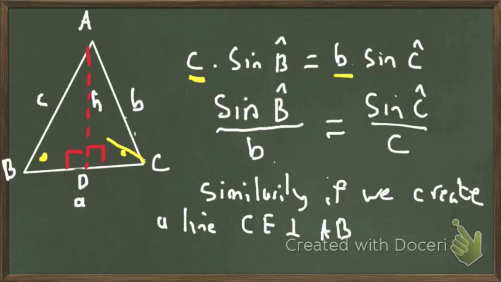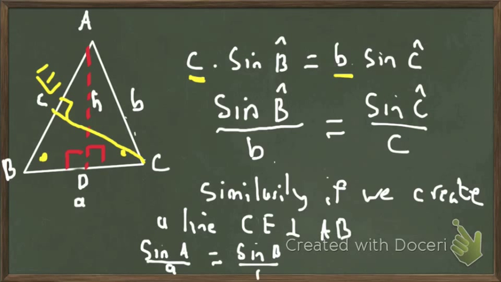If we drew in a line that went to there and it was perpendicular, then we could prove the same thing as before, except the only difference is we wouldn't be starting with B and C. We would prove that A, and so we'd prove the sine of A over a is equal to the sine of B over b.